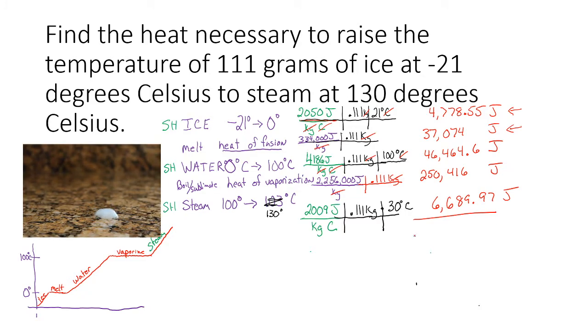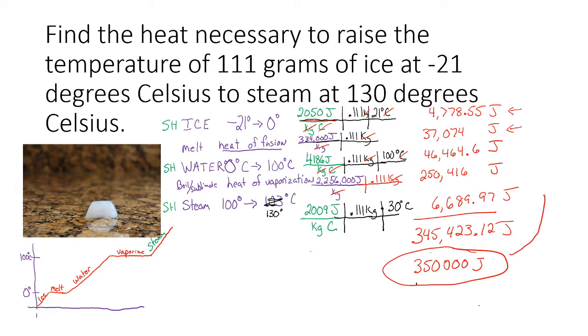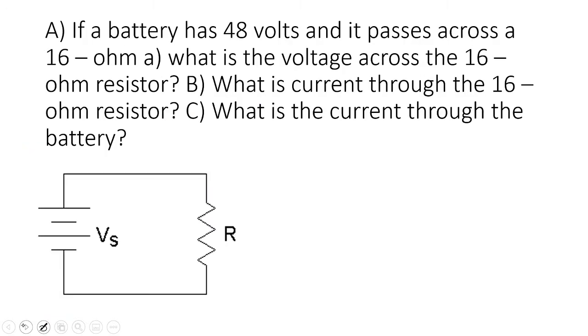And I get a total of 345,423.12 joules. And we take into consideration we were looking for two significant digits. It took about 350,000 joules to change the temperature. Most of that energy came from boiling. All right, let's move on.